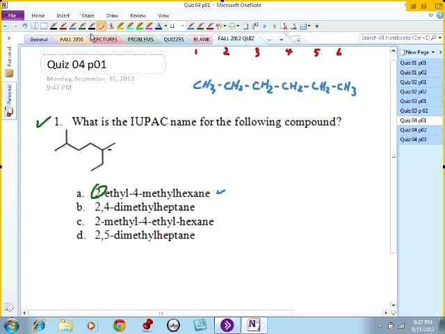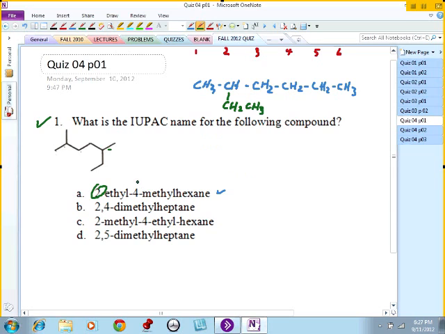Keep in mind, you cannot violate the valence rule and the octet rule, all of those things that we told you in chapters 1 and 2. So here, we need to replace the hydrogen with ethyl. We take out one hydrogen and we place the ethyl there. Ethyl is in position 2.